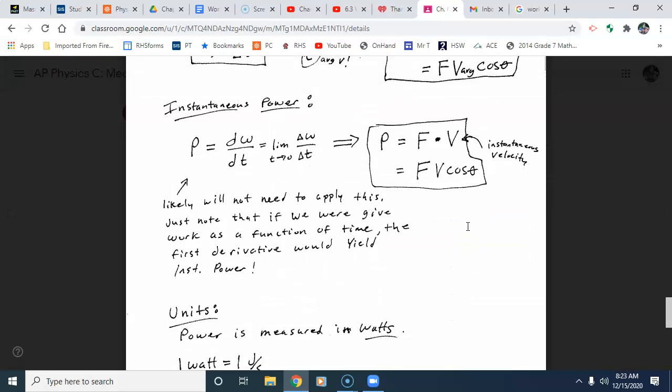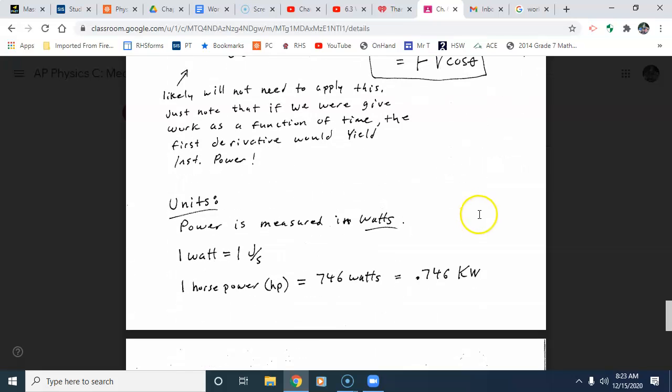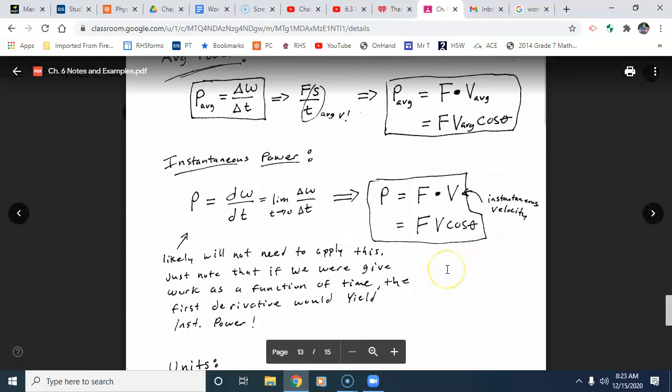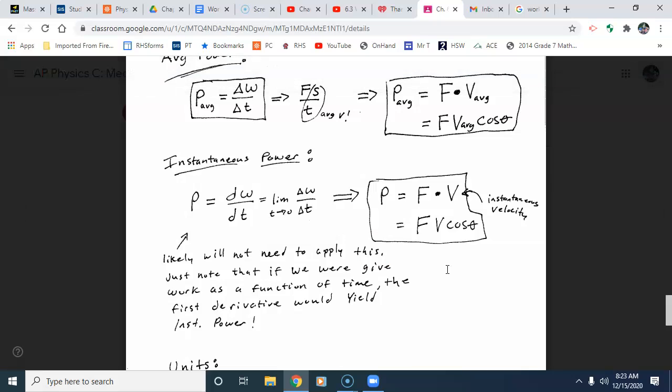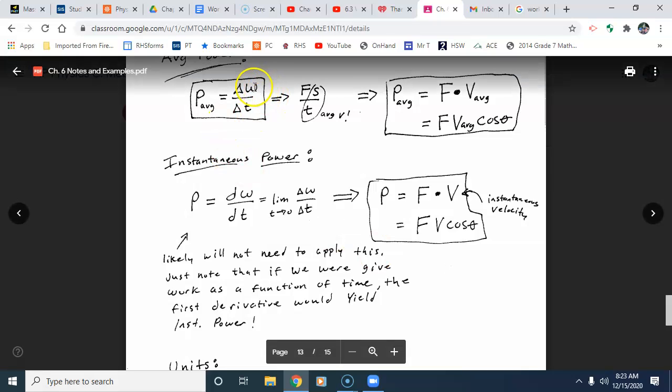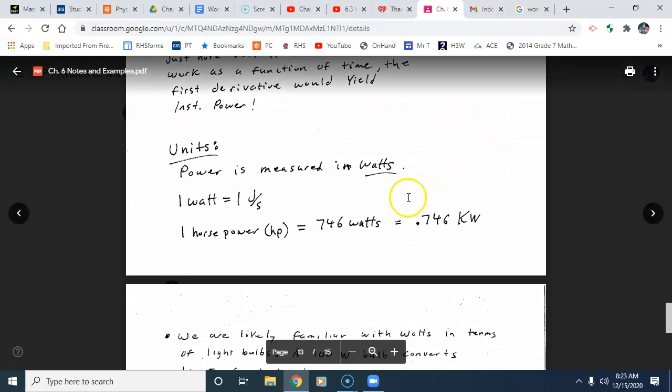But there's not much more to say about it other than the units. So we know that work is in joules, work and energy, and we take something in joules, work over time, time being in seconds. So a joule per second is a unit for power, but it was renamed.